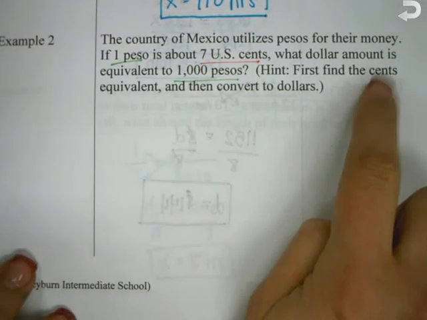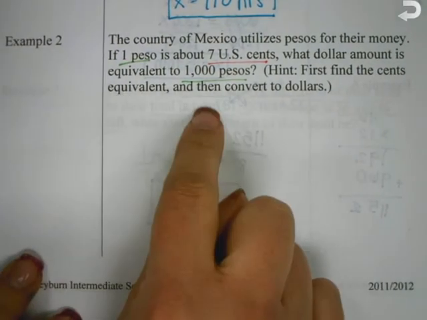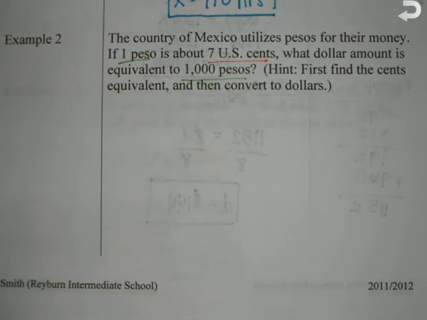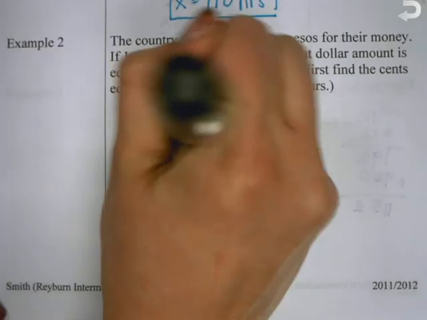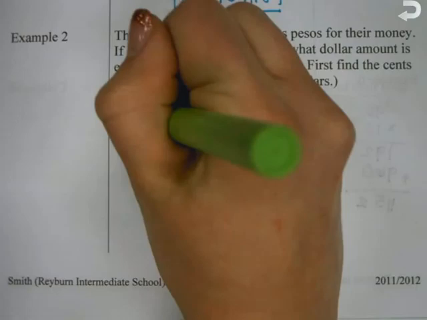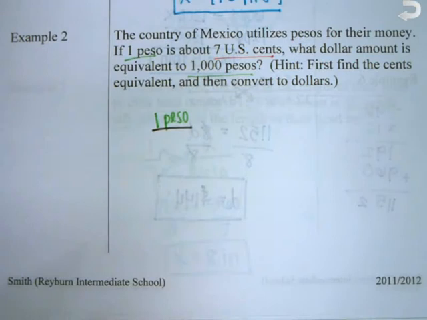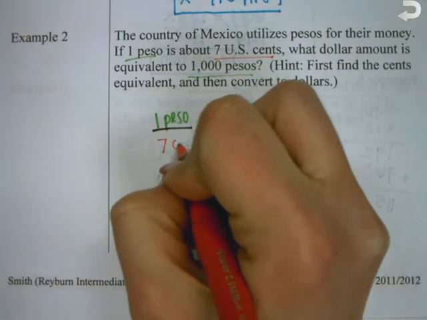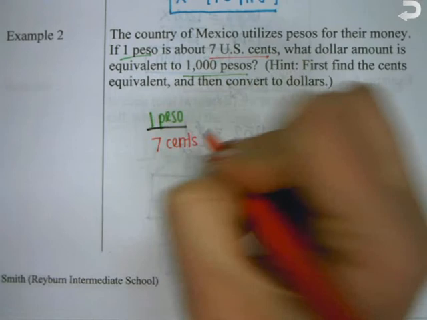So let's do that. The first thing we have to do is set up a proportion. And our proportion is going to be 1 peso over 7 cents equals.